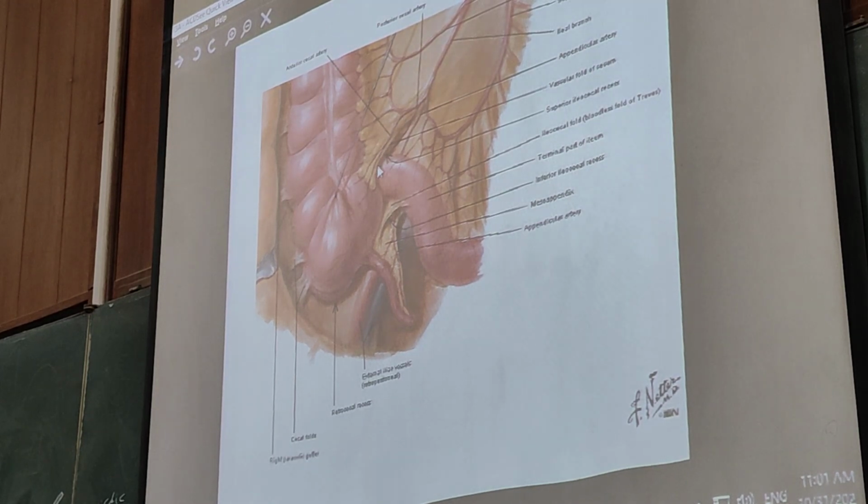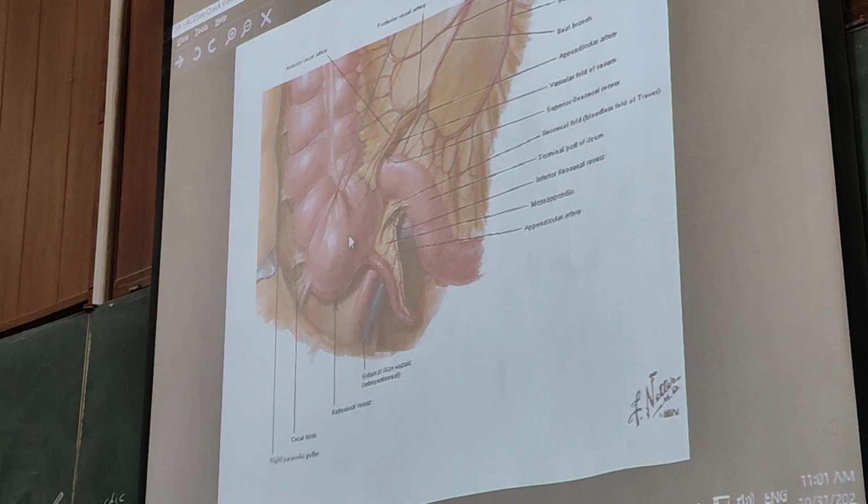Excellent. Inside this fold, there is an artery. So, if any part of the small intestine or anything else is trapped here, you cannot make a cut through the anterior wall because you will cause bleeding here. Yes?